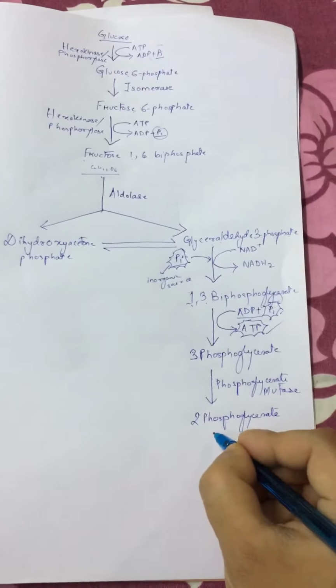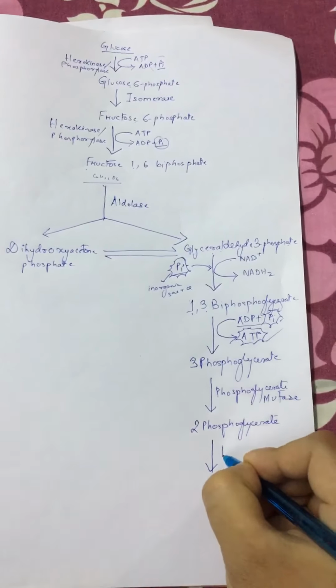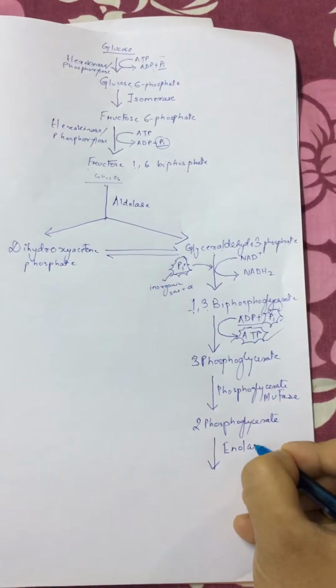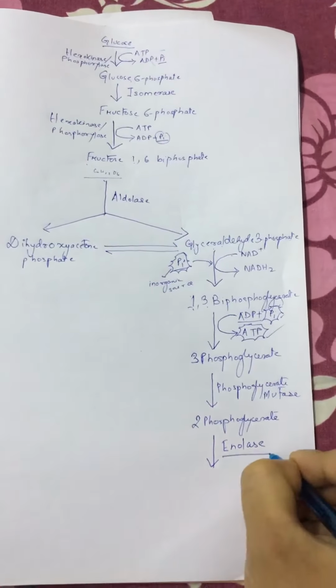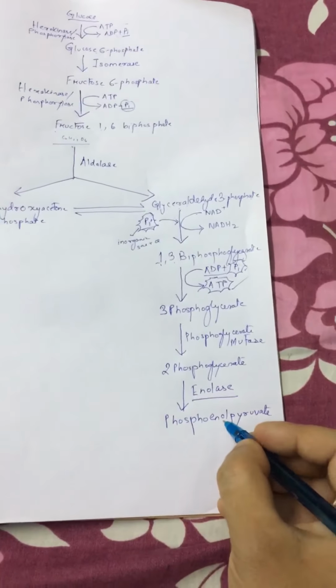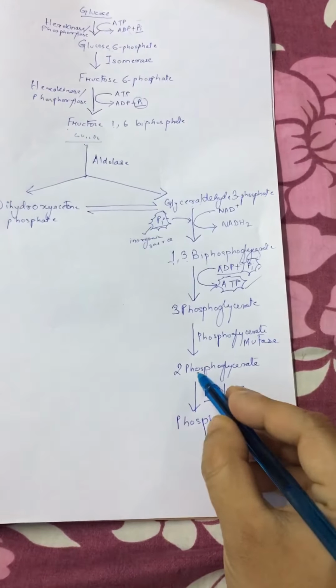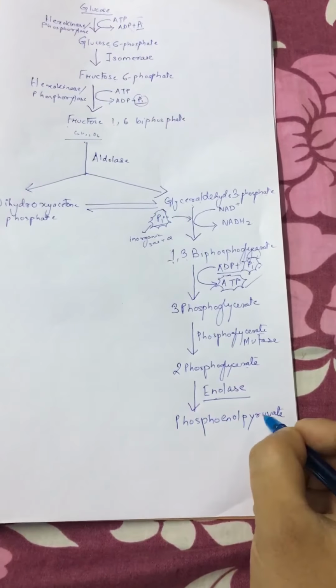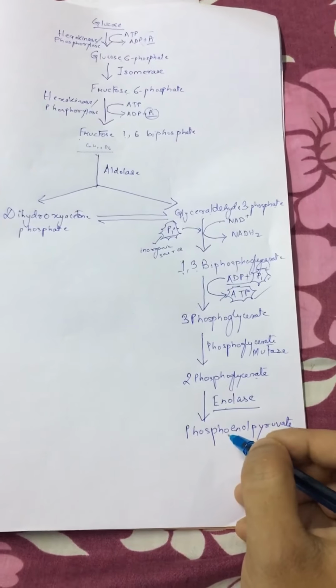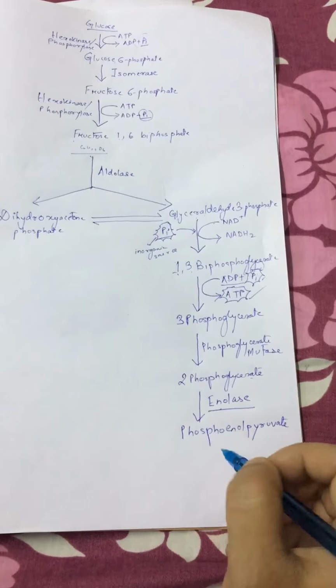Now in the presence of an enzyme called enolase, 2-phosphoglycerate is converted into phosphoenol pyruvate. In the phosphoenol pyruvate, you can see that one phosphorus group is present.